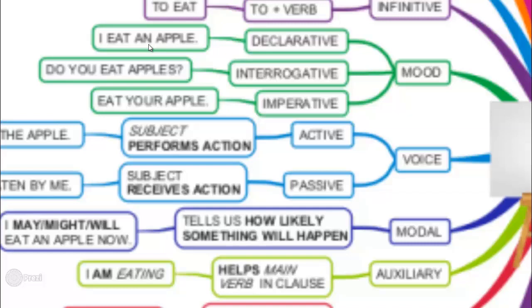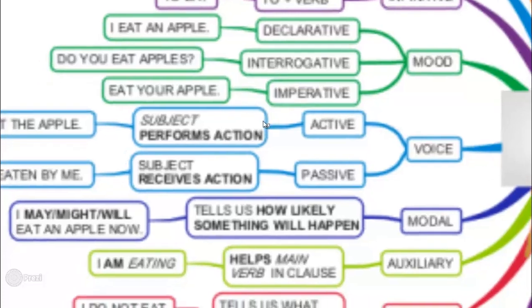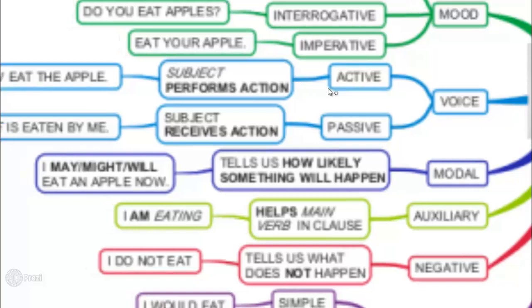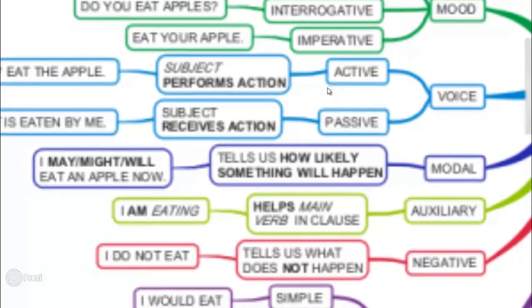And then we can talk about the imperative mood, which is, think about it as orders, like eat your apple, close the door, come here, sit down, read the book. And those are the imperative moods of verbs. Then we can talk about the voice of the verb. So we can talk about an active voice and a passive voice. In an active voice, we can say that the subject performs the action.